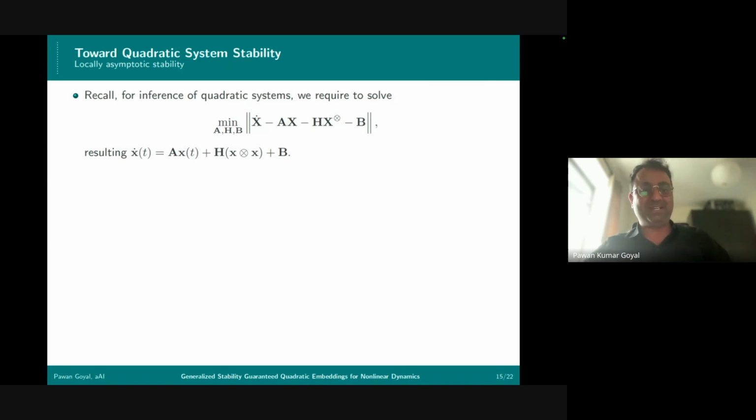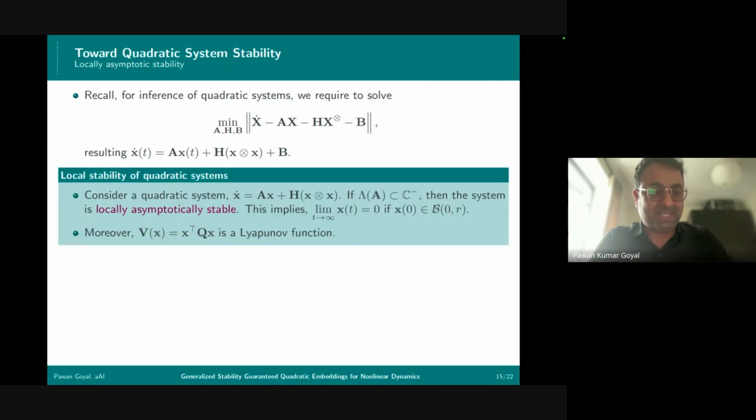This was actually our interest, because we have learned the dynamics of this latent space to be a quadratic system. So we would like to see how we can extend this notion of linear stability to quadratic systems. If we want only local stability for quadratic systems, then we only have to look at the linear operator, which defines the local asymptotic stability.